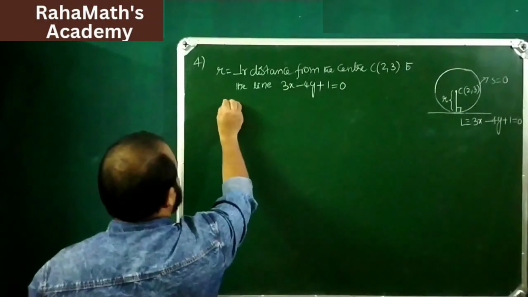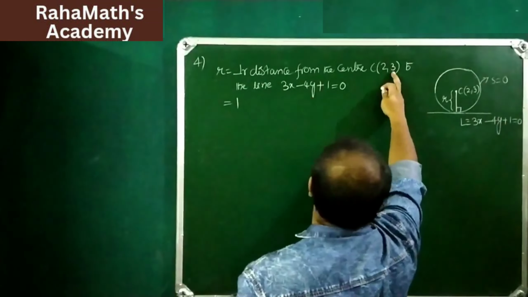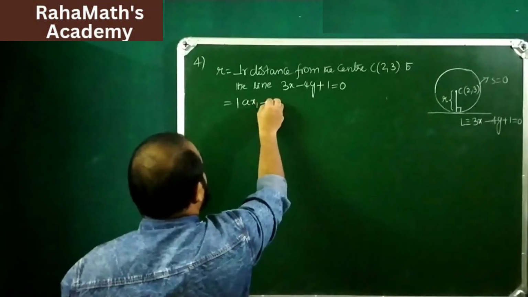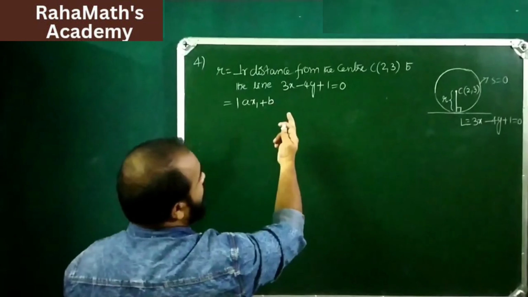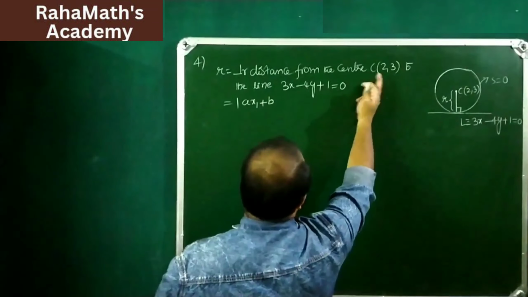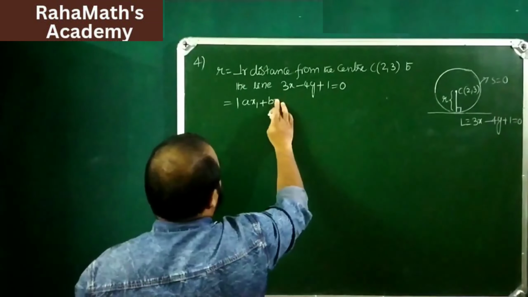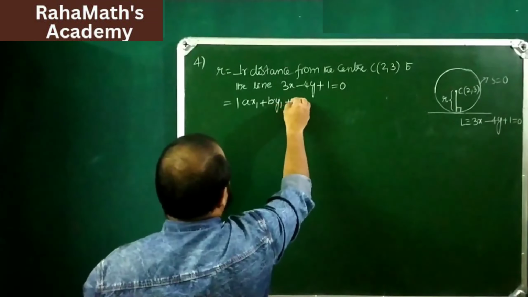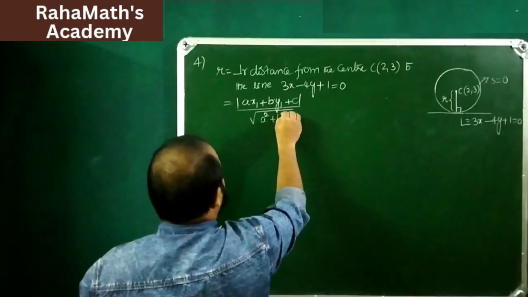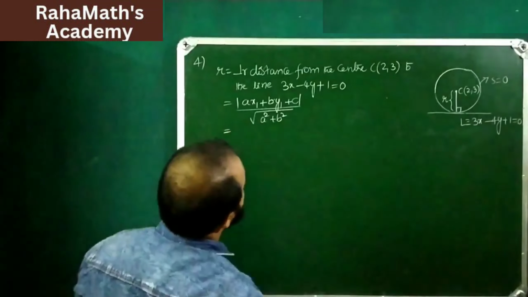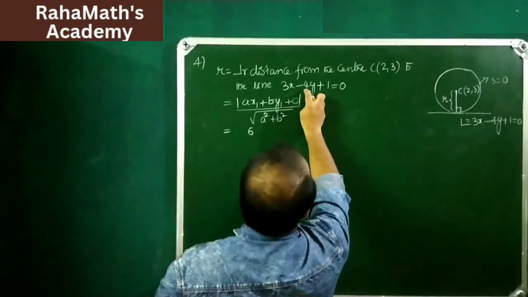That is ax plus by plus c equals to 0, x1 y1. The length of the perpendicular distance from P x1 y1 to the line ax plus by plus c equals to 0 is ax1 plus by1 plus c by square root of a square plus b square. So this is 3 into 2, 6 plus minus 4 into 3 is 12.